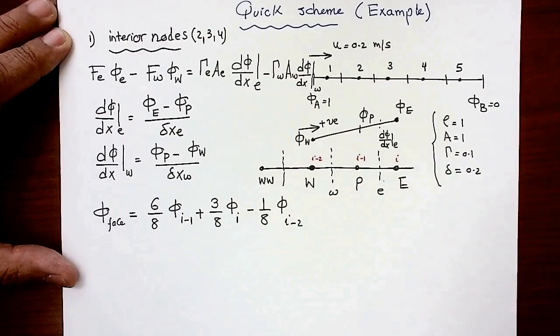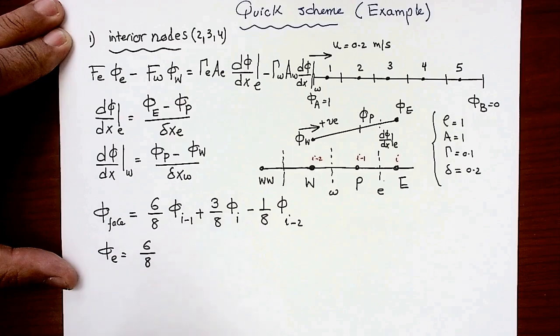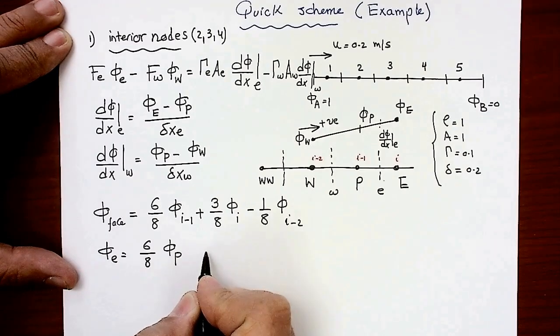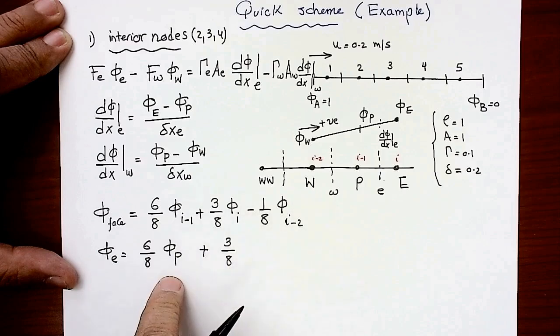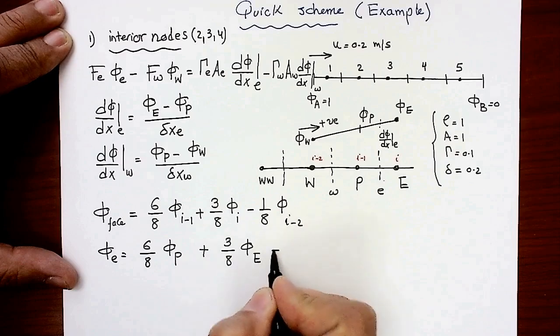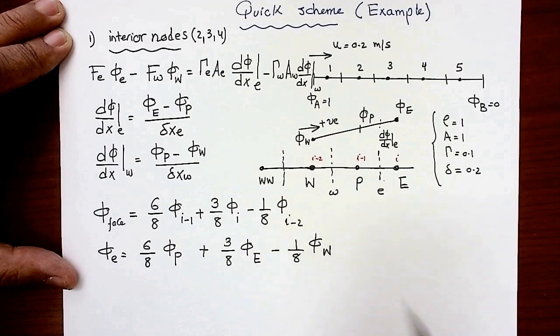So if I want to get phi for the east face, it will be simply 6/8 phi I minus 1, which is phi P, plus 3 over 8 phi I, which is phi east, minus 1 over 8 phi I minus 2, which is phi west.